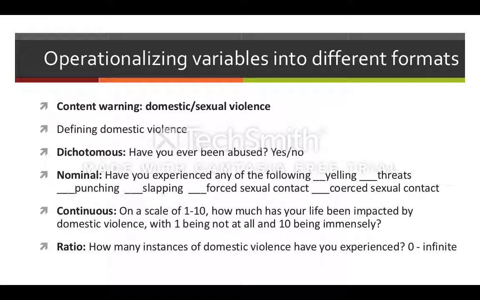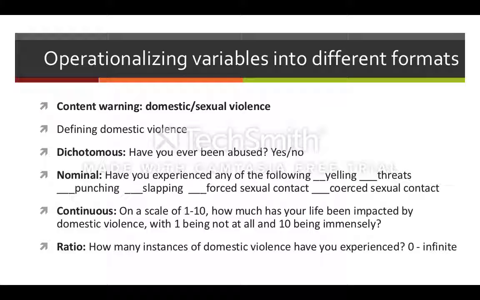So on a scale of 1 to 10, how much has your life been impacted by domestic violence? That's a continuous variable. But some statistical tests are only possible if we have a dichotomous variable. So in that case, we would do something like take the first 2 notches on the scale to say if someone's life has only been impacted 1 or 2 on the scale, we're going to put them in the not abused group.